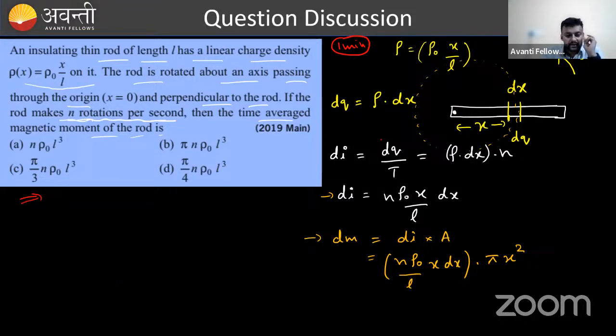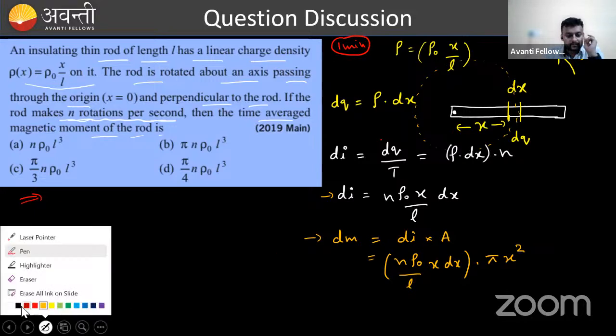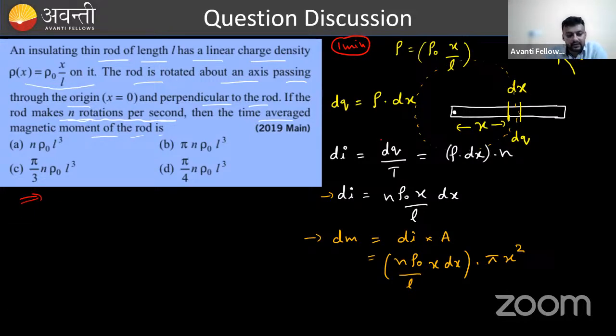If this is the small magnetic moment of the small element, for the complete magnetic moment you can integrate it. So the complete magnetic moment m will be the integration of dm. You can take the constants out of the integration sign. n is a constant, rho naught is a constant, L is a constant, and pi is a constant.